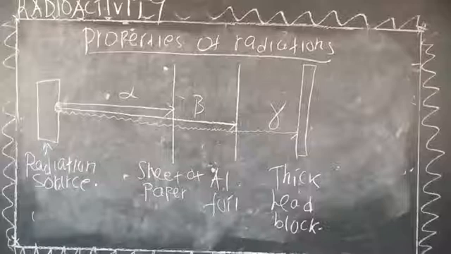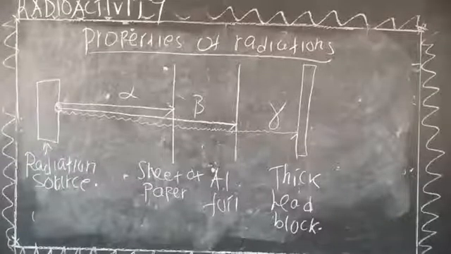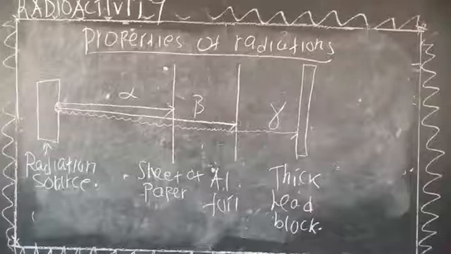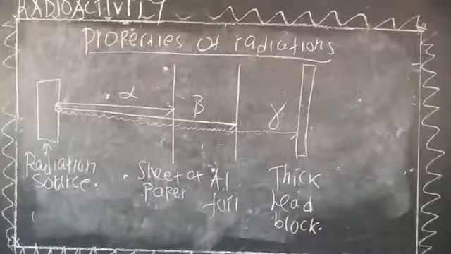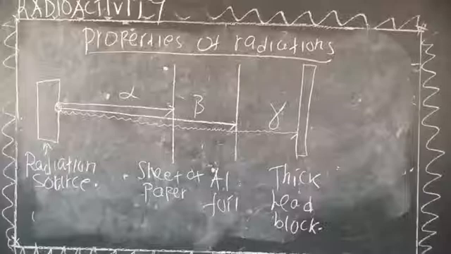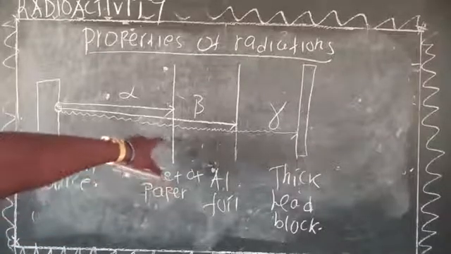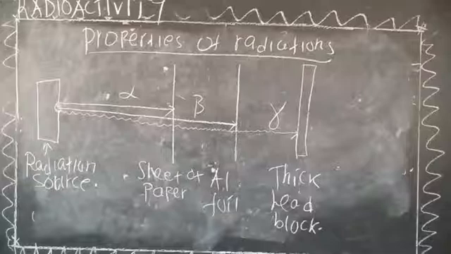Of course, the alpha particles have a short range of centimeters in air, and they are stopped by a sheet of paper like we have seen.